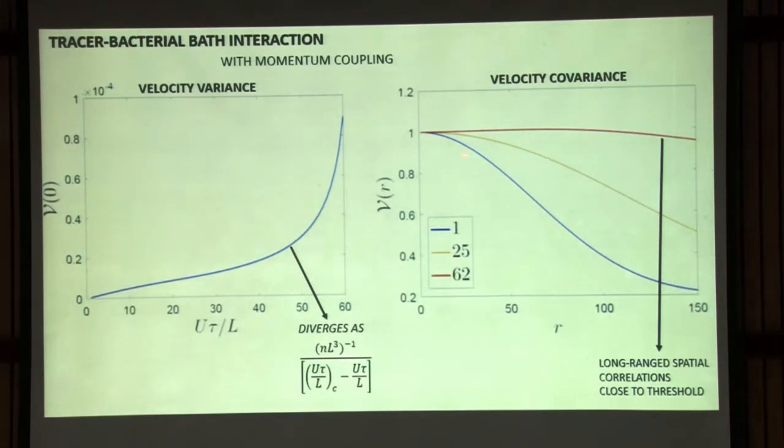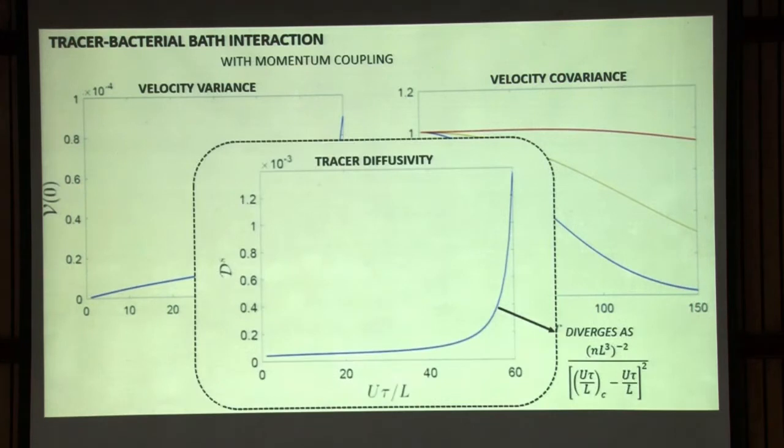The covariance becomes really long-ranged in the vicinity of the threshold, and the tracer diffusivity diverges with an inverse squared singularity. So that's where we are right now with the first version of evidence that collective motion leads to divergent signatures in the tracer diffusivity.